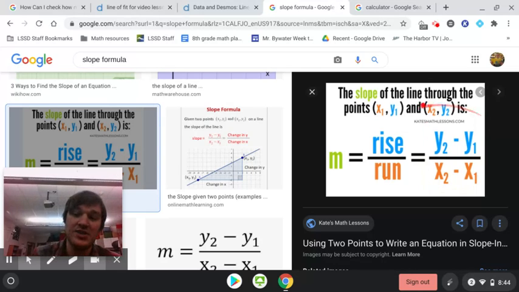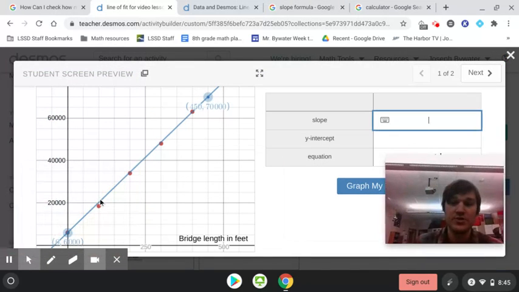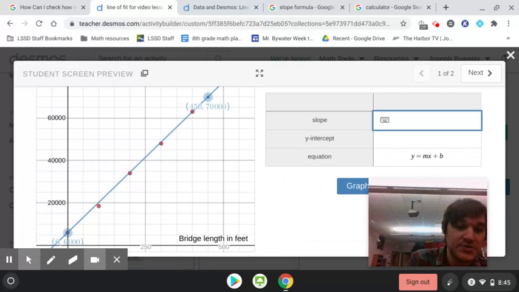And I'm actually going to do this almost like mental math. I'll show you how I can find the slope pretty quickly. Basically, I'm subtracting the y values up top and subtracting the x values down below. In this case, my y values are 6,000 and 70,000. 70,000 minus 6,000 is 64,000.